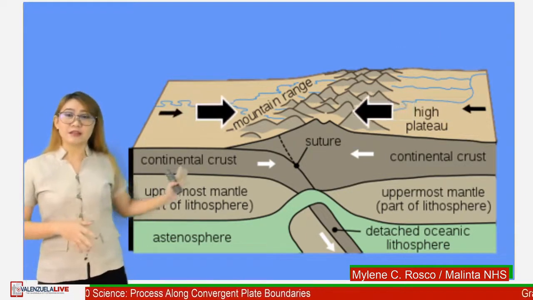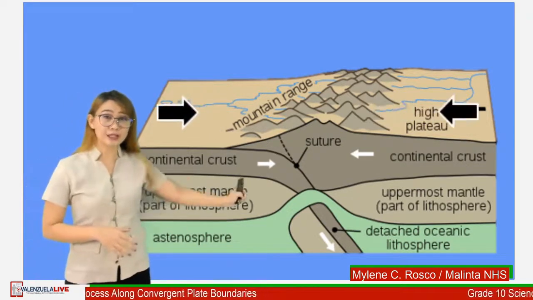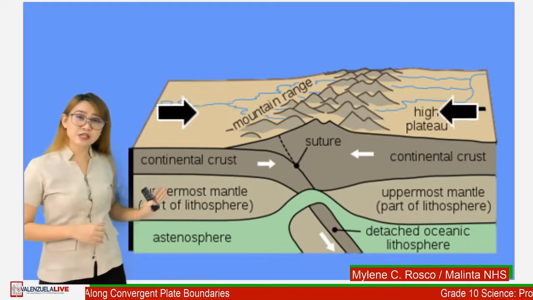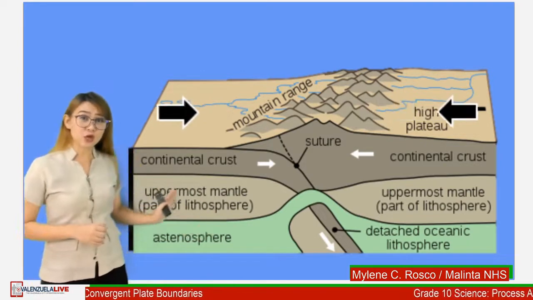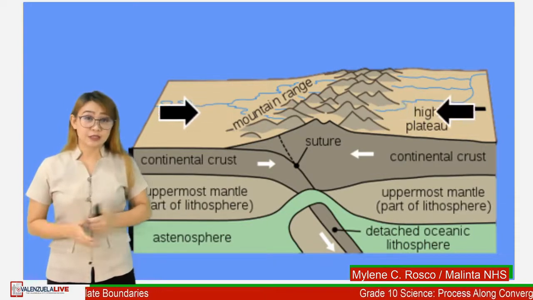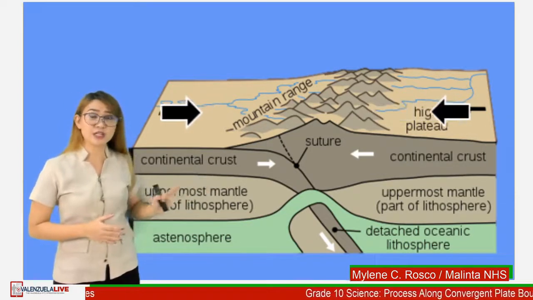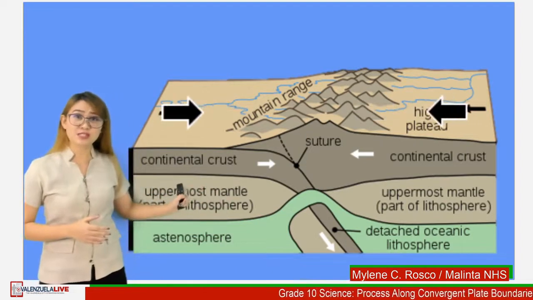Alright, so again, this diagram shows the collision between two continental crusts. Now, is there subduction? Is there a subduction process on this type of convergence? Do you observe a subduction process? Alright, correct. There is no subduction on this type of plate boundary.